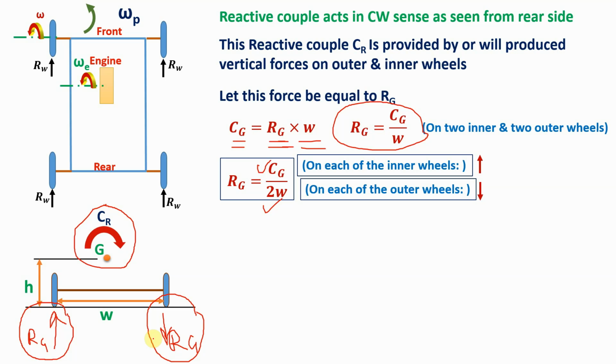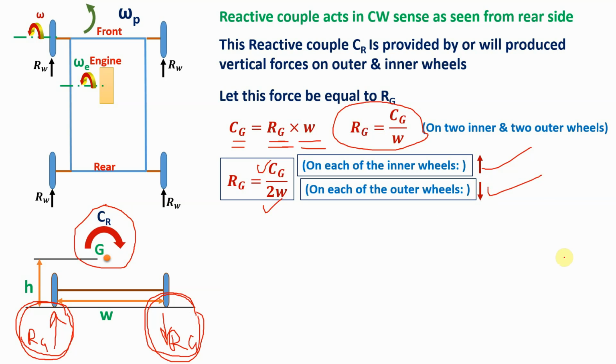So divided by 2 will be the reaction on each of the inner wheels as well as each of the outer wheels. Now on each of the inner wheels, this reaction Rg is acting in upward direction. Okay, and reaction offered by each of the outer wheels is downwards.